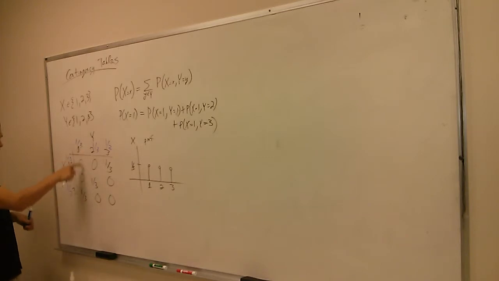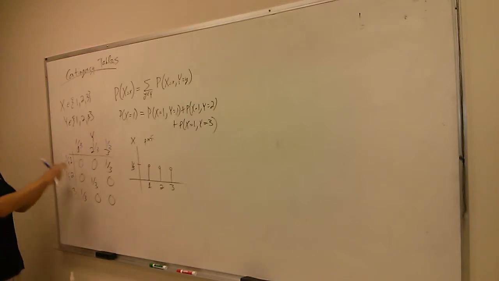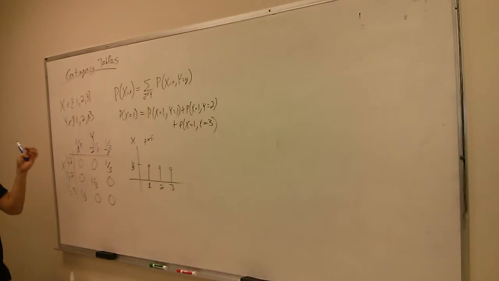So if y takes on 1, x can't be one of these, so x has to be 3. So the value of y taking on 1 tells you exactly what x must be. So just on a first pass, these are clearly not independent. These are clearly dependent. There's a relationship between them.